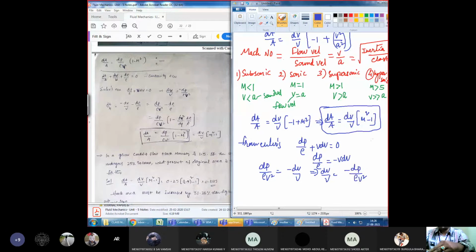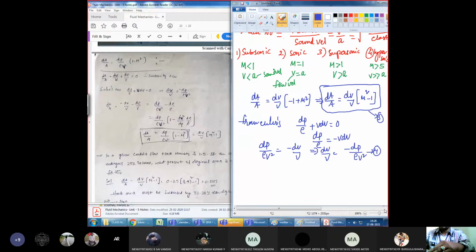Now substitute equation 4 in equation 3. We have dA by A is equal to dV by V, replaced by minus dP by rho V square, into M square minus 1.